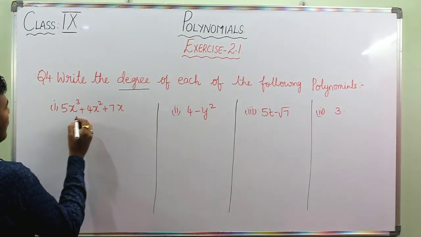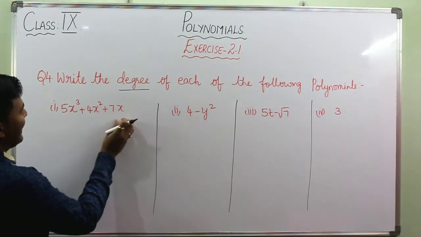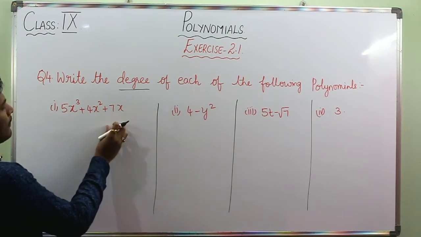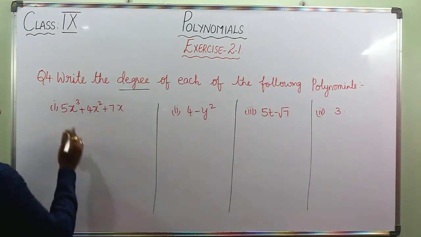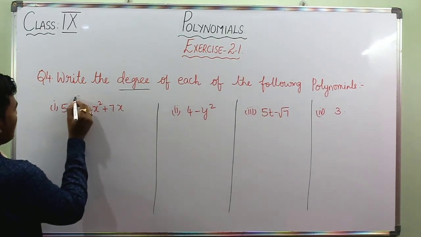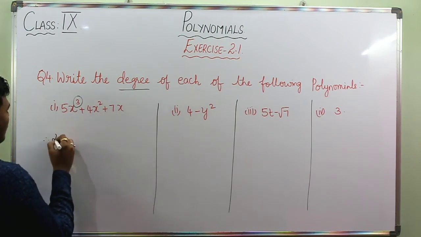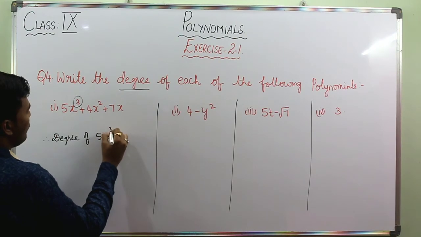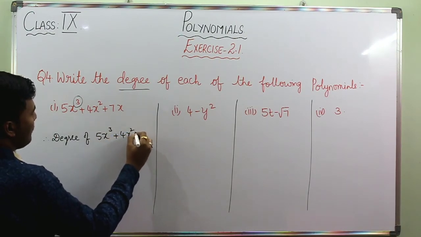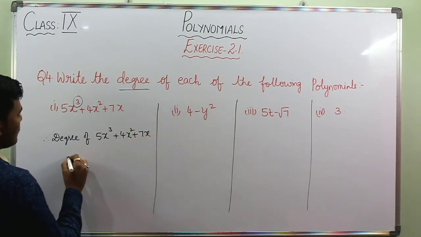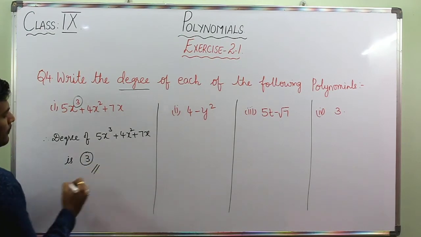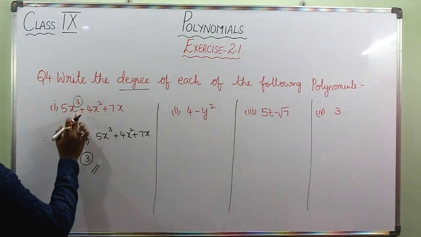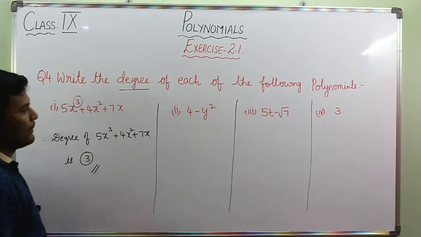The whole expression is in terms of one variable, x, and the highest power is 3. Therefore the degree of 5x cube plus 4x square plus 7x is 3, because 3 is the highest power of this polynomial.